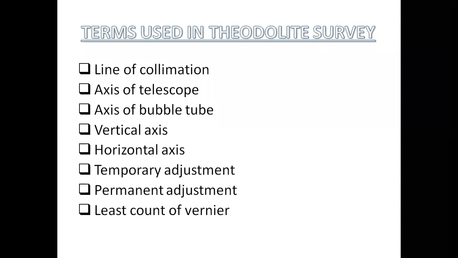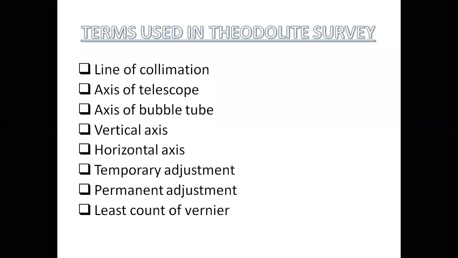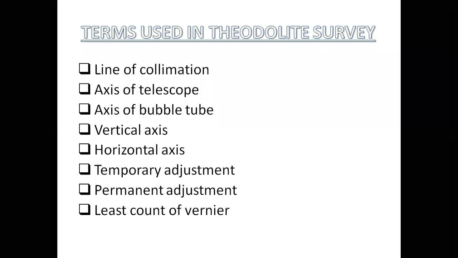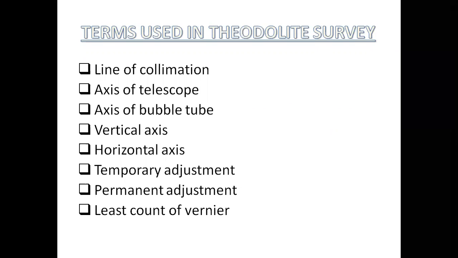We have to remove that error by doing the permanent adjustment of the instrument. We don't do this permanent adjustment every time, but we have to calibrate the instrument once a year, and while calibrating the instrument, we do the permanent adjustment. Then, what is meant by least count of the instrument? We will discuss all these things.